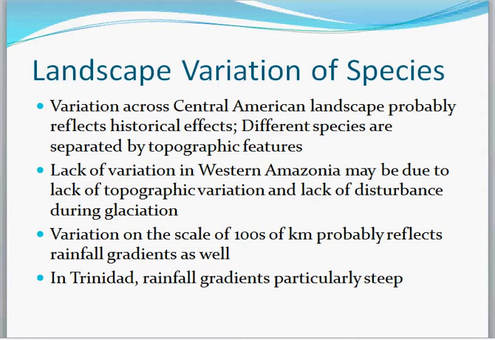And in Trinidad we see that gradient even over 50 to 80 kilometers. We get pretty good variation, and that's on the boundary between alpha species diversity and beta species diversity. I think we can probably call it beta species diversity, and that tends to be high because of rainfall gradients.